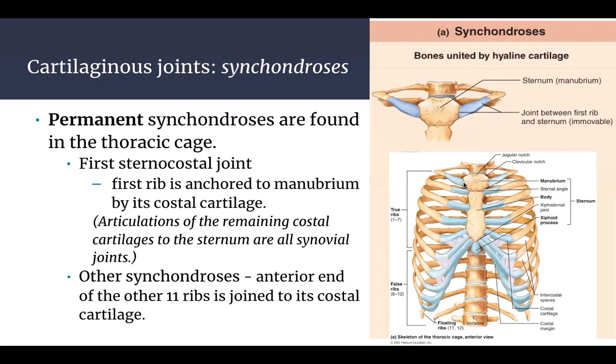Unlike here with the first rib, where there's no synovial joint, instead the costal cartilage here is connecting directly into the tissue here at the manubrium and into the bone tissue here on the first rib. So this means the very top of the thoracic cage is held really tightly here, so no movement can occur here.